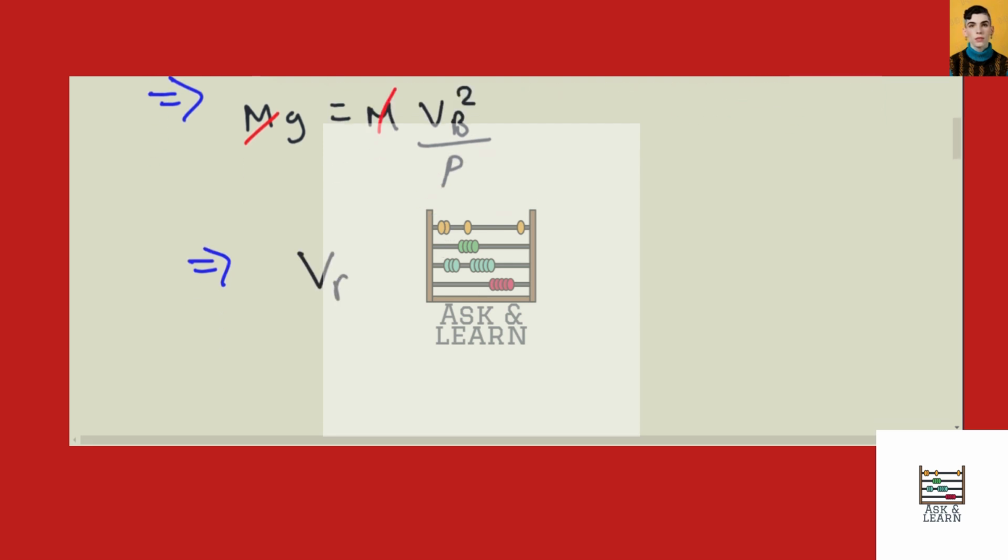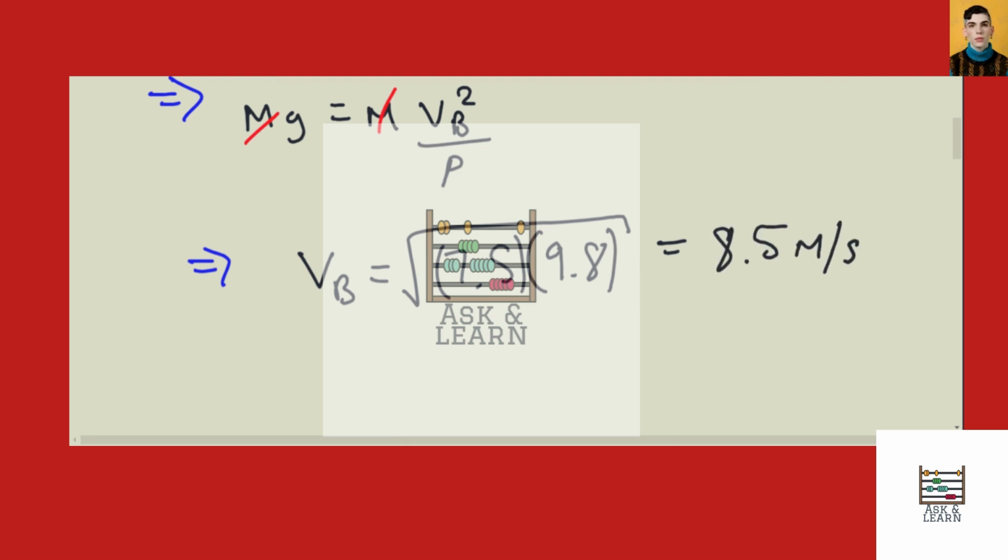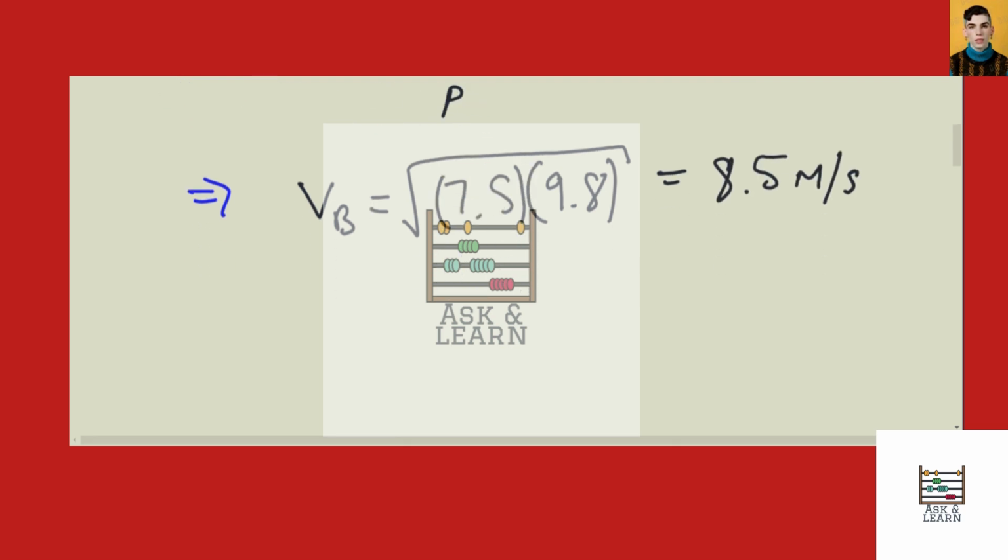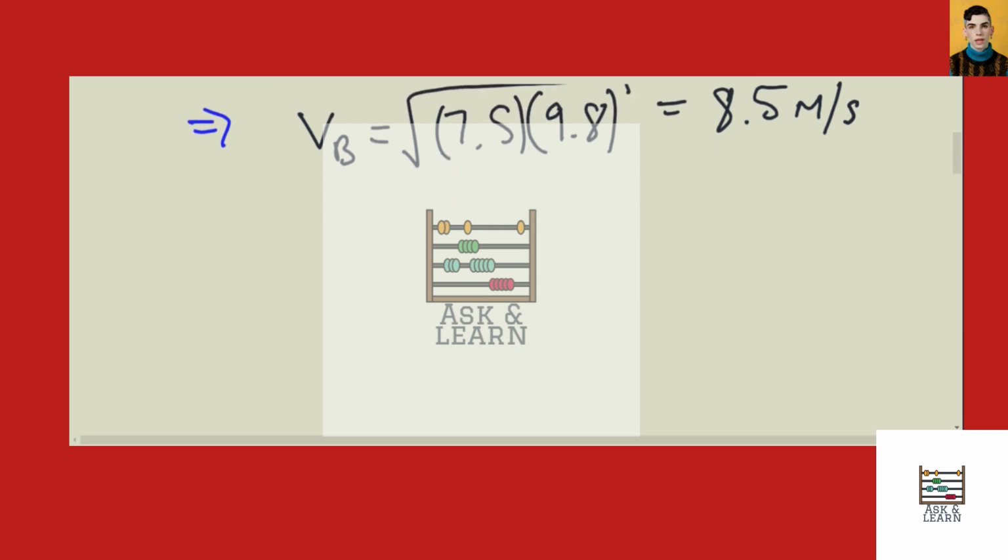VB is equal to the square root of the radius of curvature, 7.5, times gravity, 9.8, so we take the square root to get rid of the square. So VB is 8.5 meters per second.